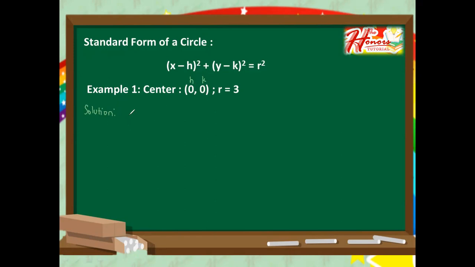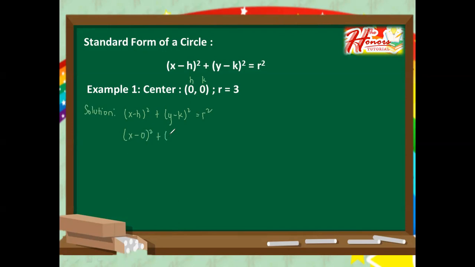Now let's copy the formula. So we have here the quantity of x minus h squared plus the quantity of y minus k squared is equal to r squared. Let's substitute the values that we have here. For x, we don't have any, so we will be writing x here. Minus h is 0, so 0 squared.